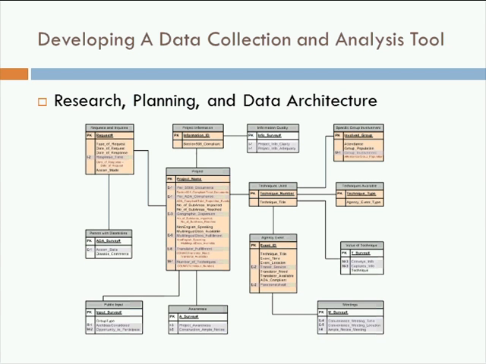And so here we have what's known as an entity relationship diagram, and in this diagram we considered the data needs that would be necessary in order to incorporate those indicators, and these are different tables that would be created to form the basis of the application that we were developing.